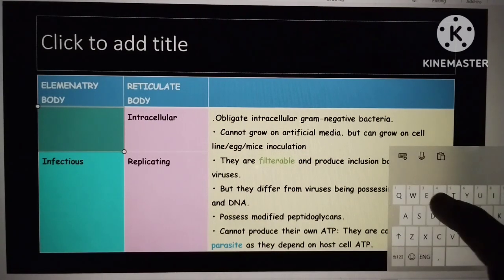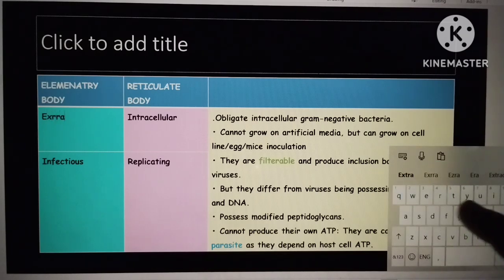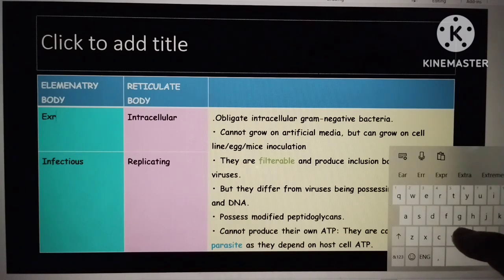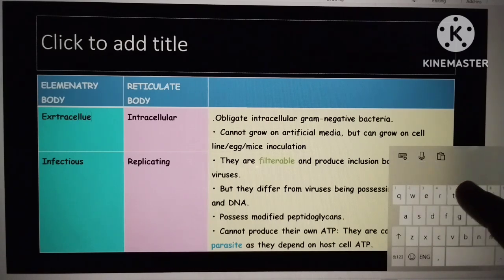The elementary body is the infectious form, whereas the reticulate body is the replicating form. So you can remember R for R: reticulate is replicating. And the important point is E for E: elementary is extracellular.